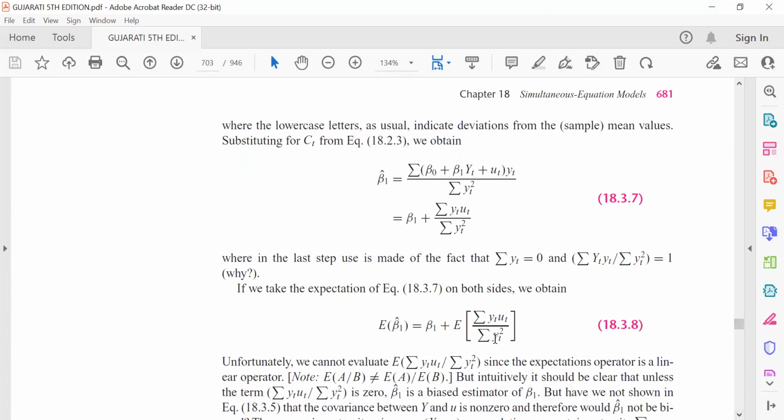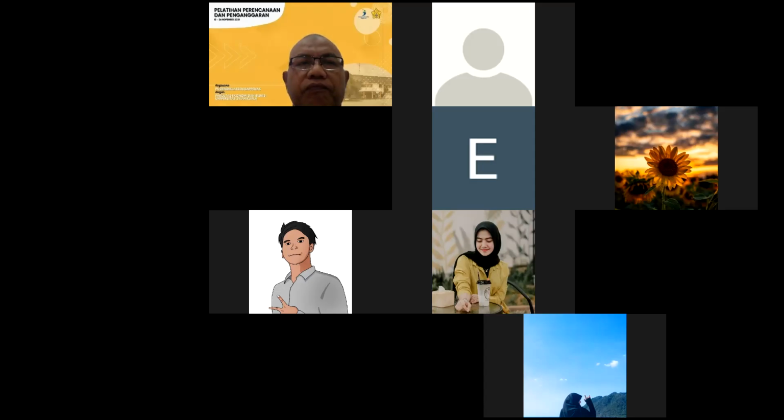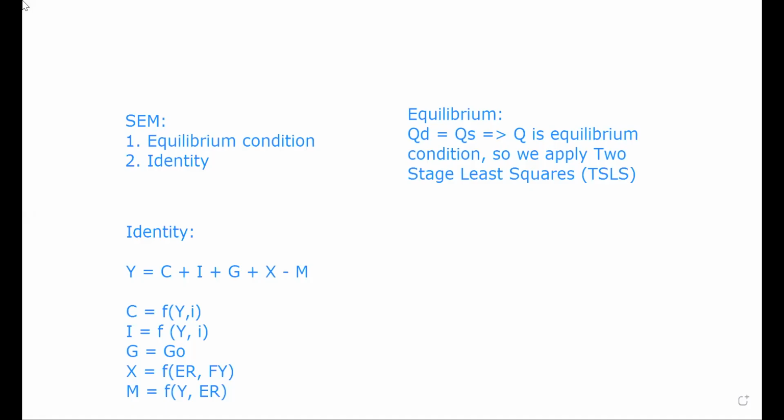So in the previous model, here, the expected value of beta 1 hat is beta 1 if it is an unbiased estimate. For example, here beta 1.